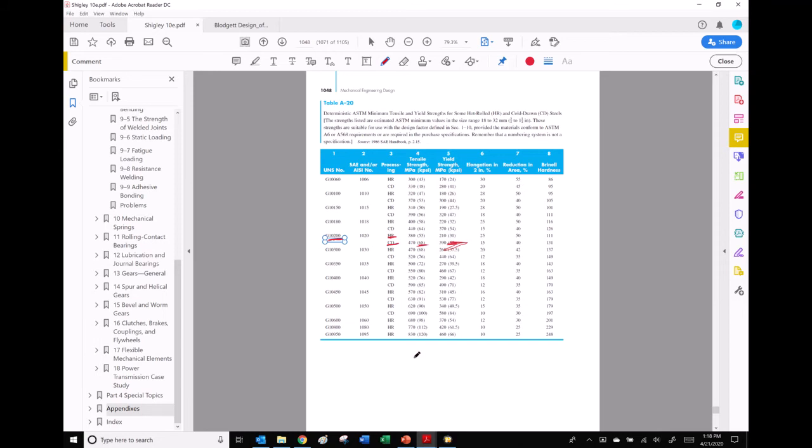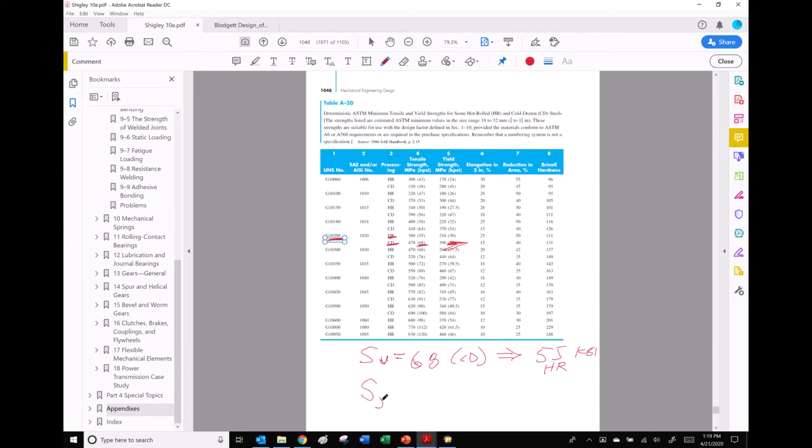So we started off with 68 in cold drawn, but the heat affected zone turns the thing into hot rolled. That means its ultimate strength becomes 55 KSI. Yes, I have to write slower, I think. Because we're using the material properties of hot rolled now.